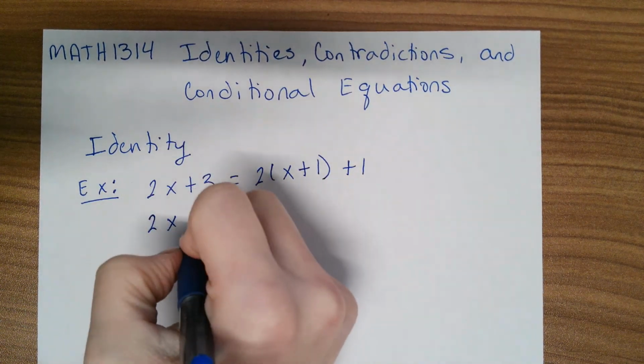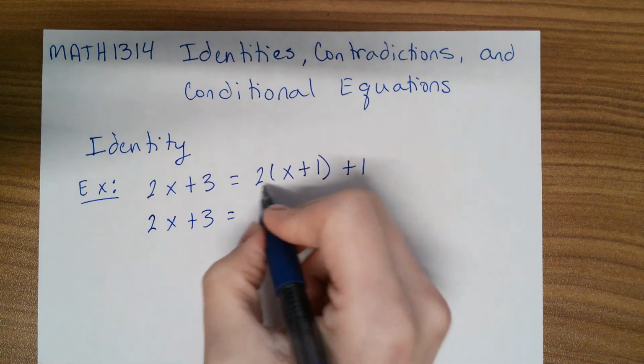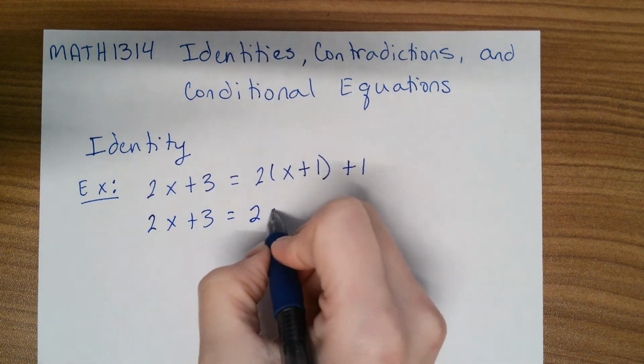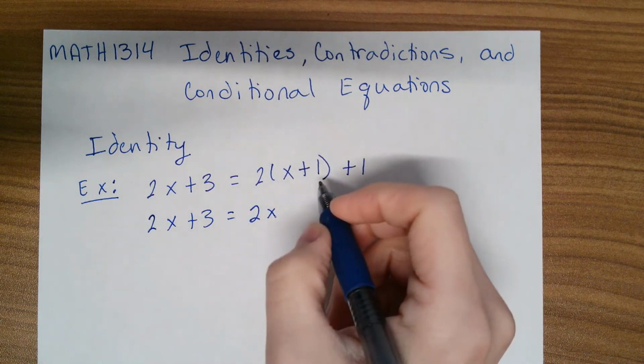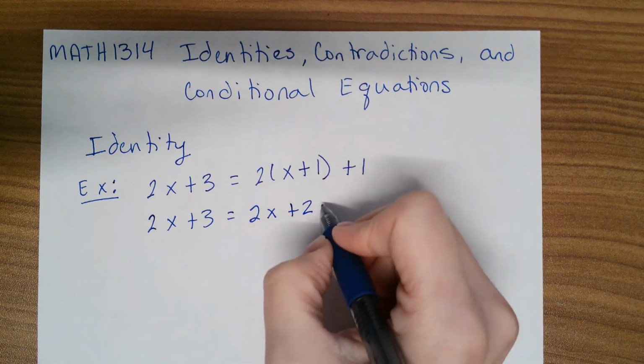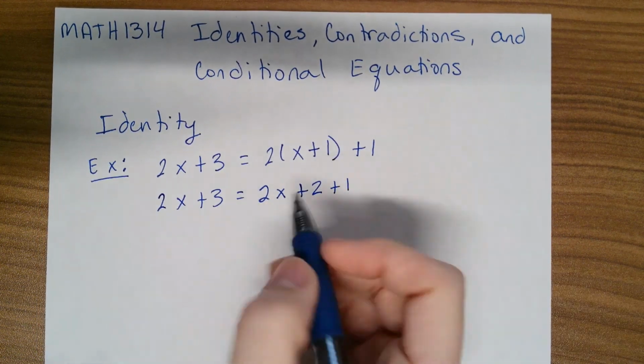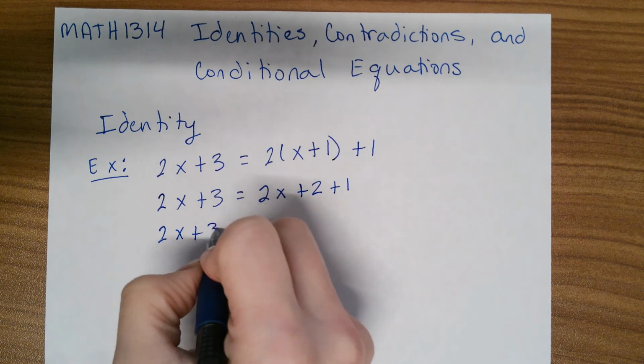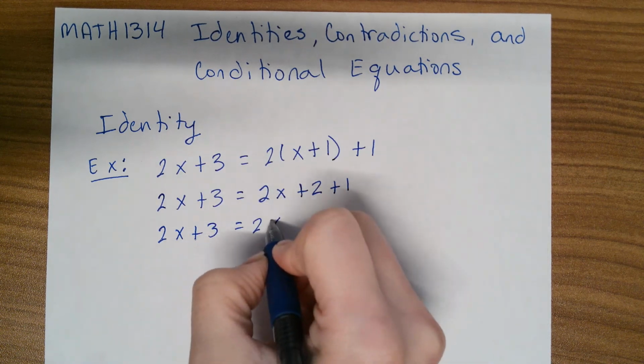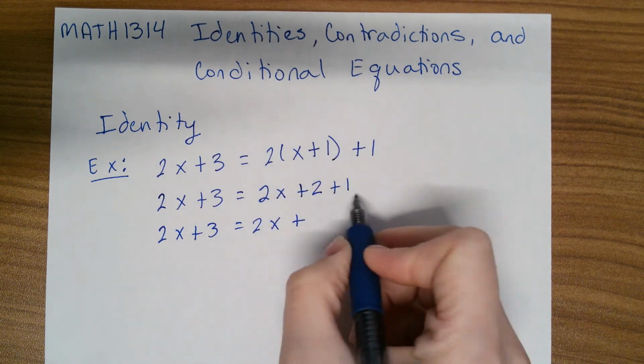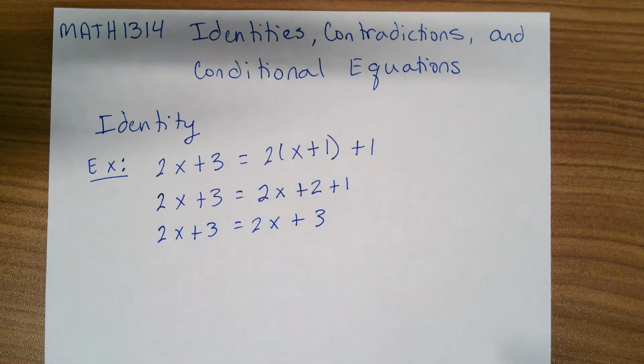I'm going to distribute, so 2 times x is 2x, 2 times 1 is 2, plus 1. These are like terms, so I'm just going to add them together: 2 plus 1, so I get 3.